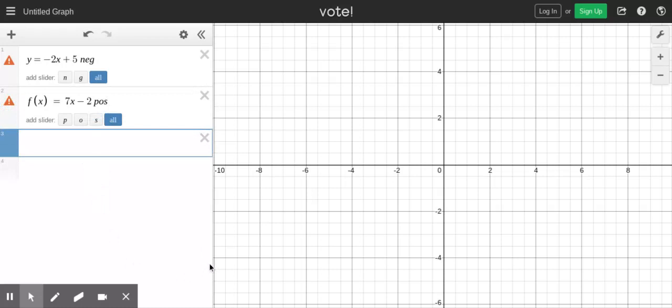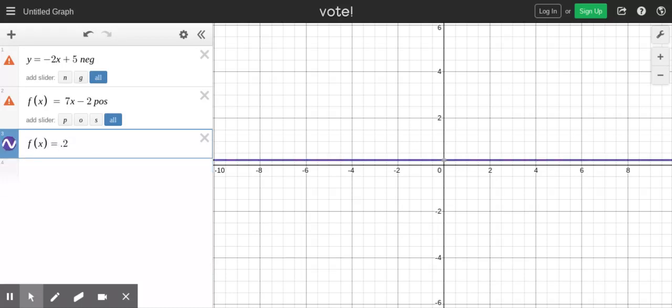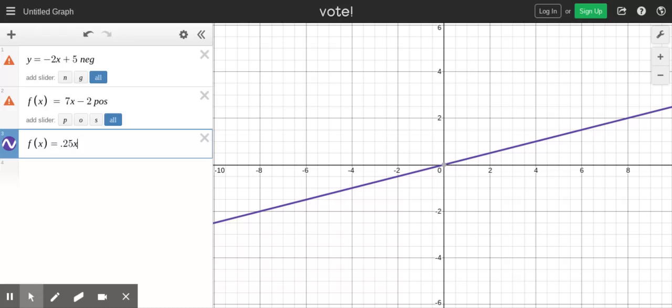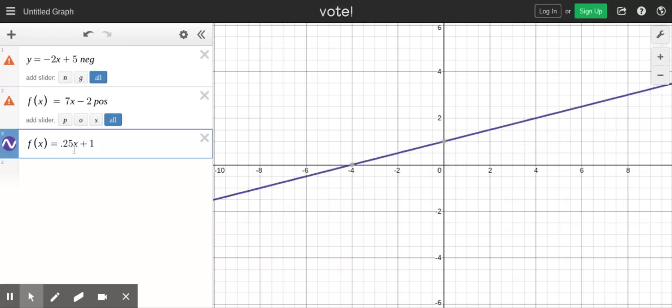Let's graph another. f of x, again, means the same thing as y, equals 0.25x plus 1, where 0.25 would mean 1/4. So as you graph this one, it starts on the y-axis at 1, and then you're going to go 1/4.